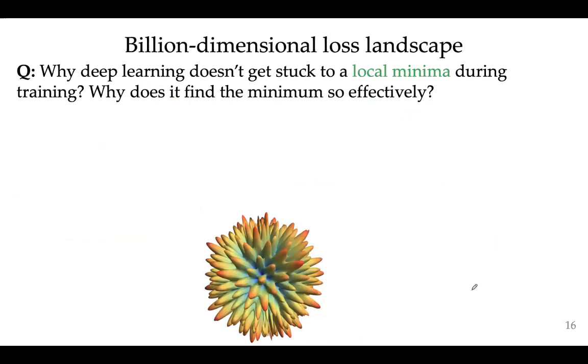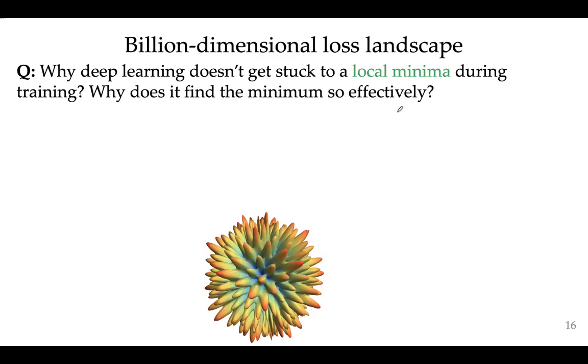Okay, here's an interesting question. Why doesn't deep learning get stuck in a local minimum during training? Why does it find the minimum so effectively? If we think about the number of parameters in modern trained neural networks, they have billions of parameters.